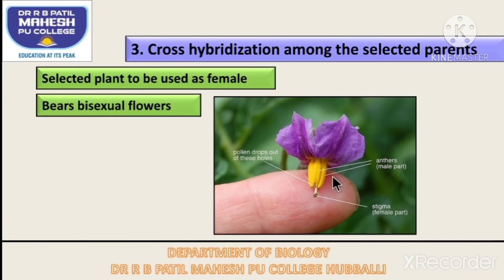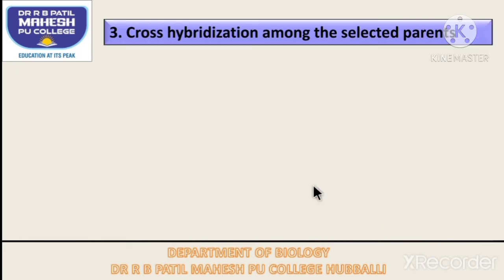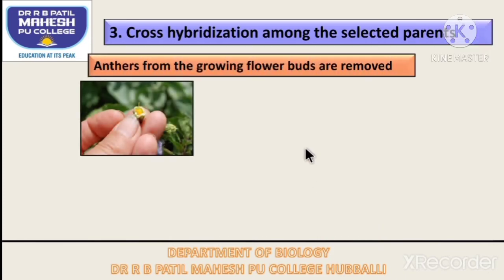A bisexual flower is one which contains both androecium and gynoecium. Why do we do this? Because we can easily remove the anthers from the growing flower bud. We have to remove the anthers from the flower in the bud condition only, as there will be no pollination in the bud condition.